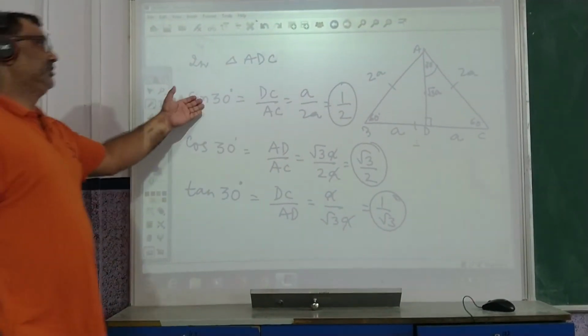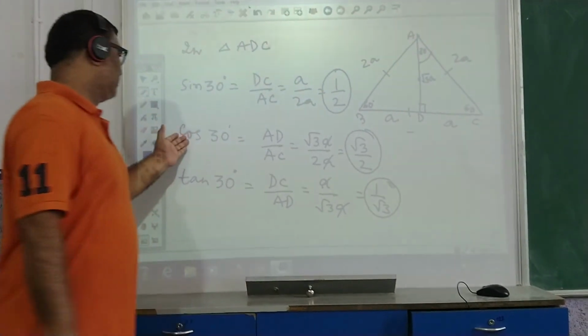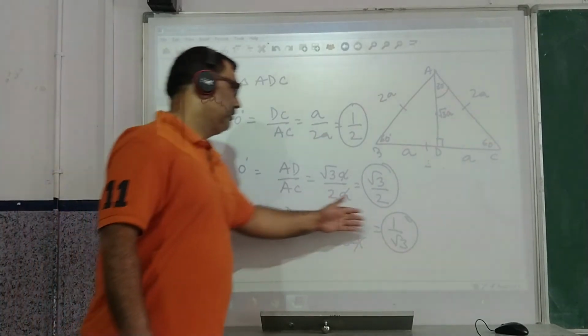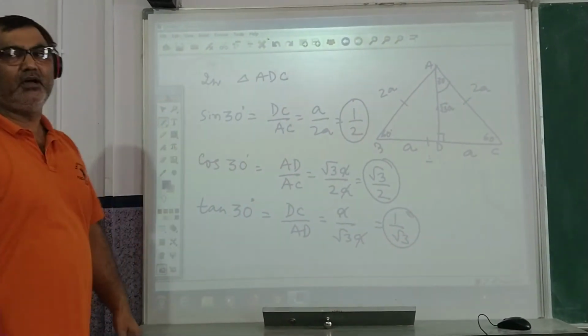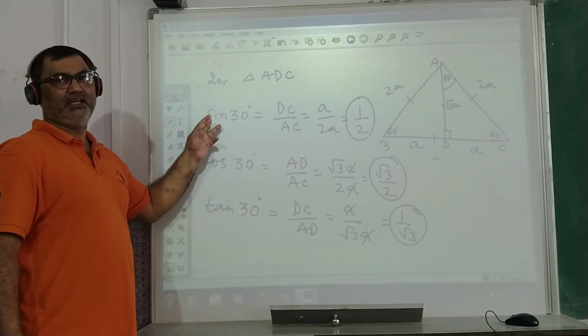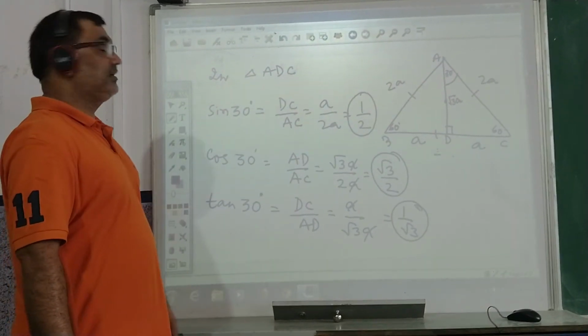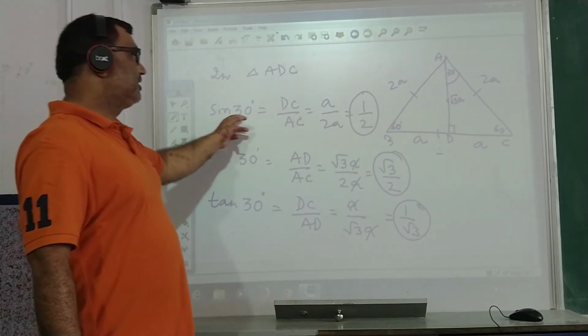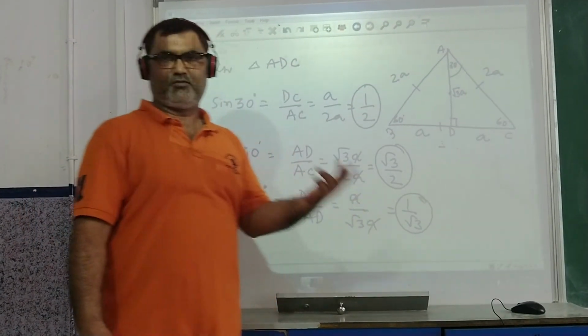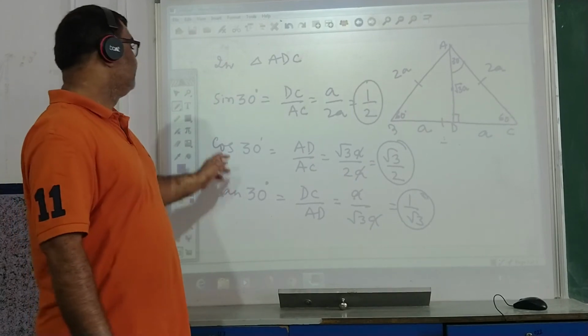Again, I repeat, sine 30 is 1 by 2, cos 30 is root 3 by 2, tan 30 is 1 by root 3. So now we can easily calculate the reciprocal of sine 30, that is cosec 30. Sine 30 is 1 by 2, so cosec 30 is 2.